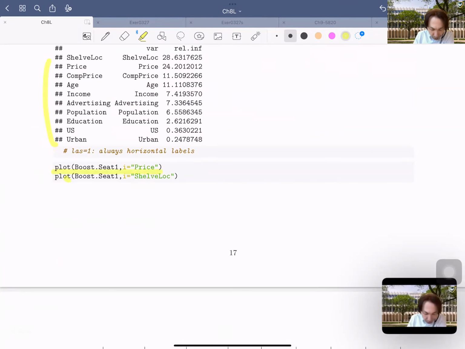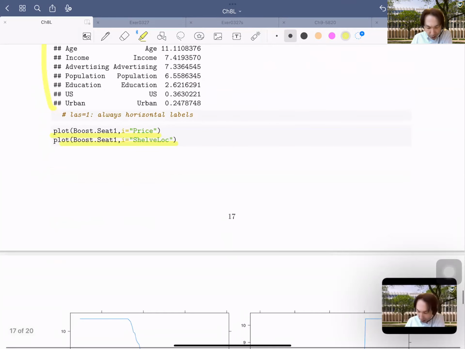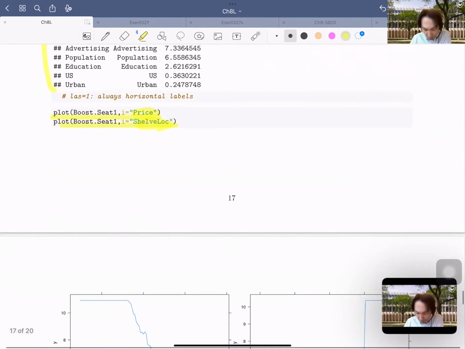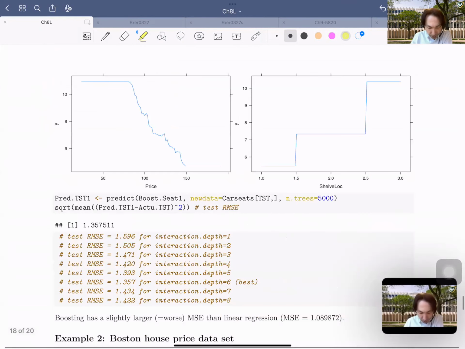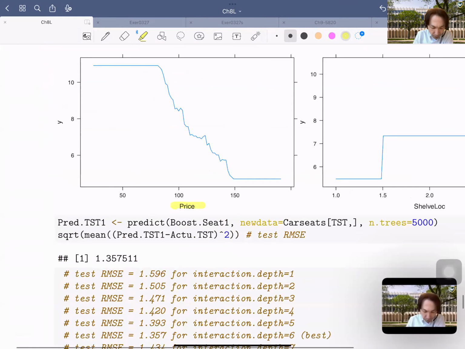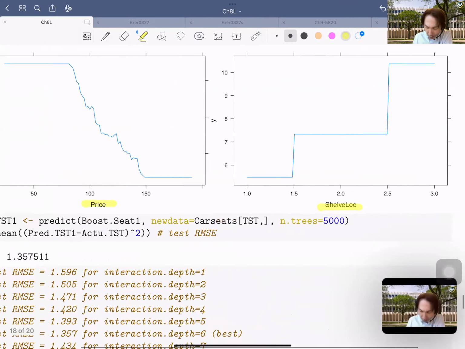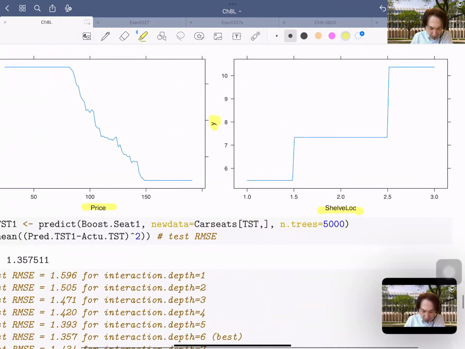And we can make a plot. This is just a marginal plot for the response and one predictor. Price and shelf location are two of the most important predictors, so we make a graph of price against the response and also shelf location against the response.